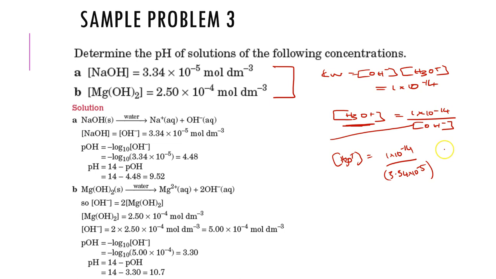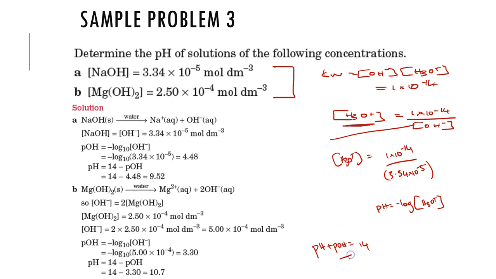When you do that, you will end up with a concentration of hydronium, which you can plug into the pH equation. What I did want to point out to you is there is actually an easier way to do these, and that's using the idea that the pH plus the pOH is equal to 14.